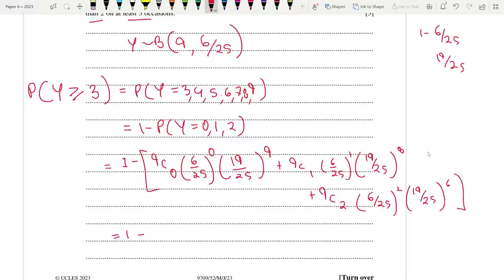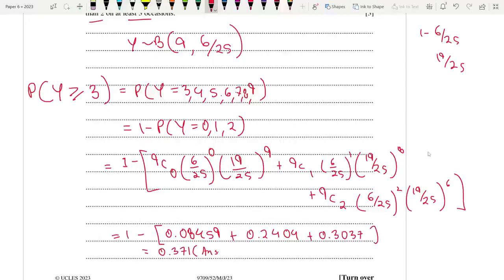After proper working, the first term is 0.08459, plus 9C1 into 6 by 25 into 19 by 25 to the power 8, which is 0.2404. It's recommended that you take at least 4 significant figures in this type of math. Plus 0.3037 for the last one. Overall, you're getting a final answer of 0.371.